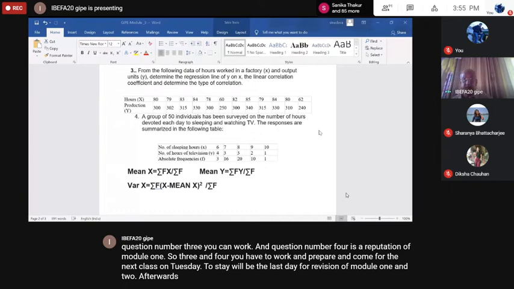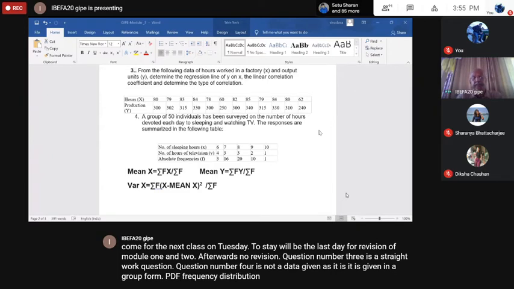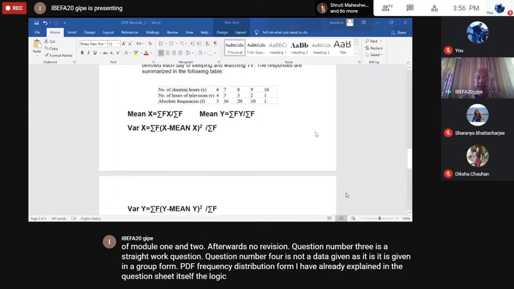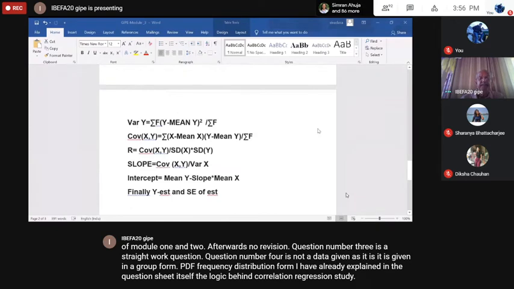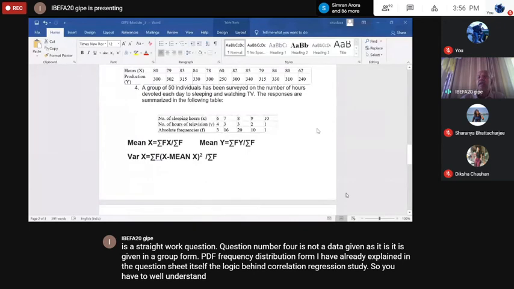Afterwards, no revision. Question number 3 is a straightforward question. In question number 4, the data is not given as it is, but in a group form, a frequency distribution form. I have already explained in the question sheet itself the logic behind the correlation regression study. So you have to understand questions 3 and 4 well.